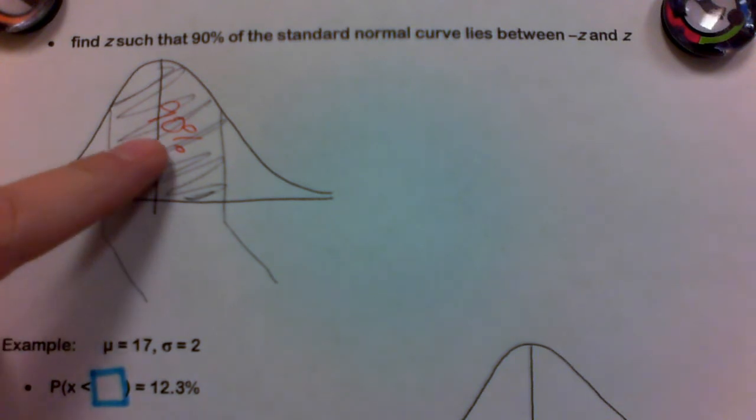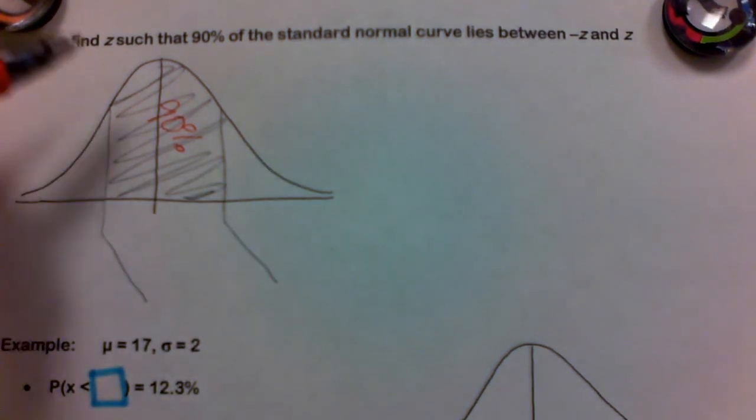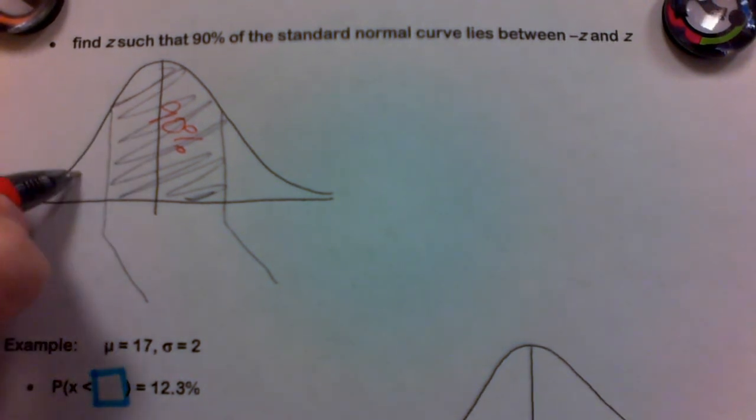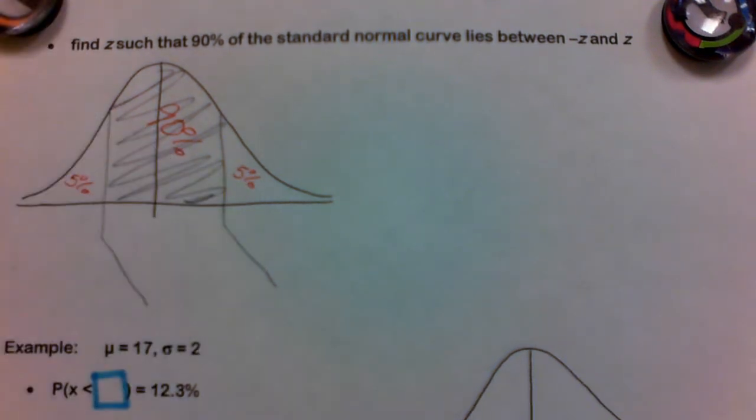So what that means is, under the whole curve is 100%, so if this is 90%, I have 10% left, so this would be 5%, and this would be 5%.